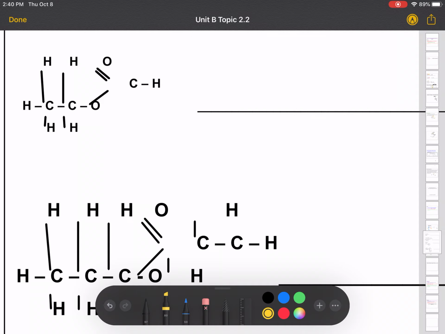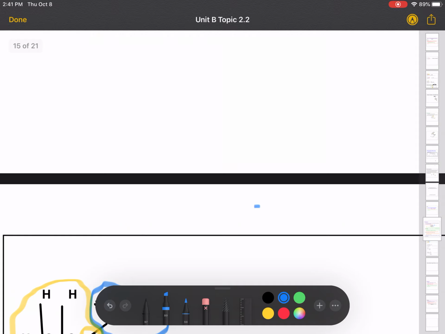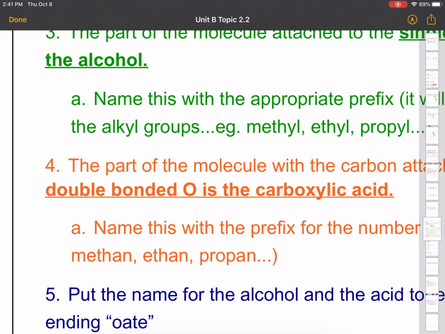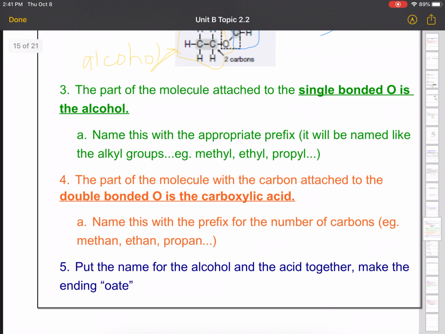The one that has the single bonded O, that's right here, this whole part would be considered the alcohol. The other part that has the double bonded O would be considered the carboxylic acid, okay?